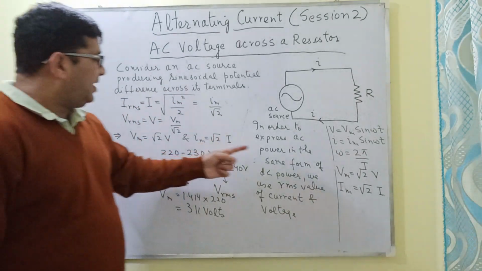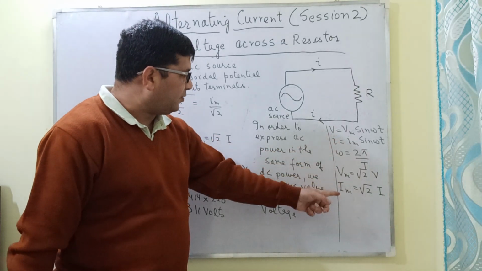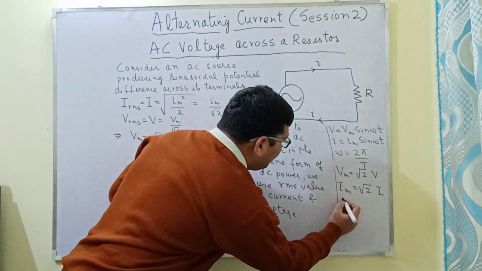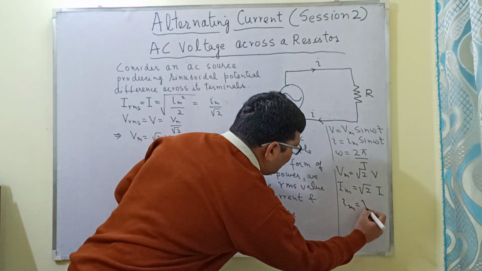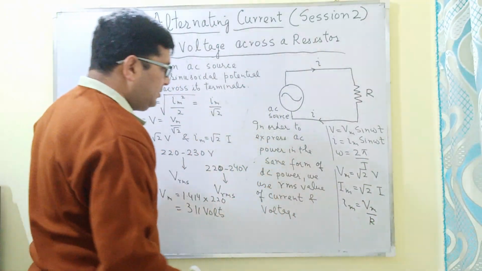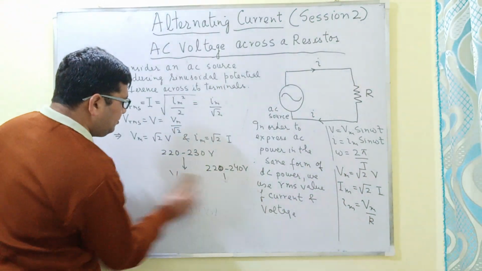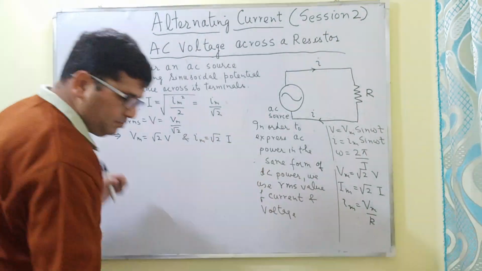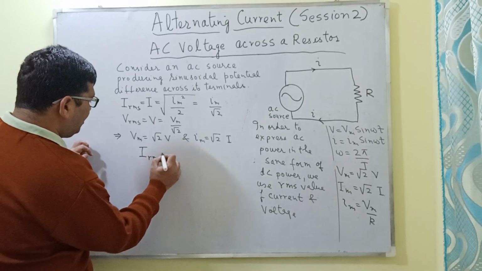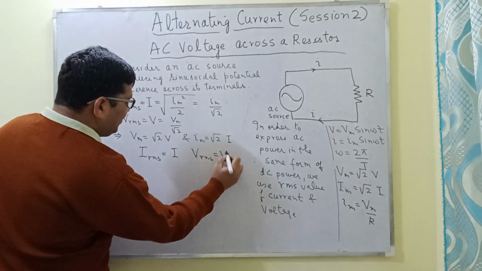In today's lecture we have learned these few formulas: V is equal to Vm sin omega t, I is equal to Im sin omega t, where Im is equal to Vm upon R. And one more thing, IRMS is equal to I, and VRMS is also known as V.